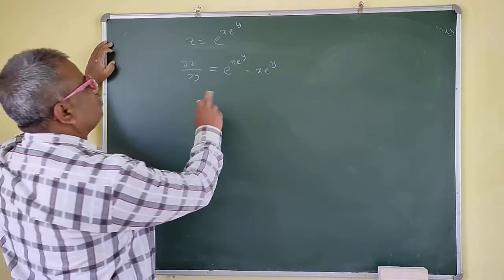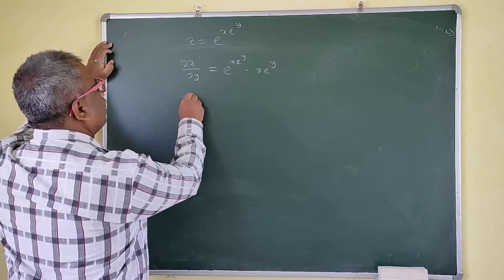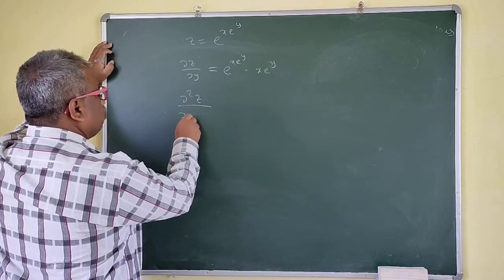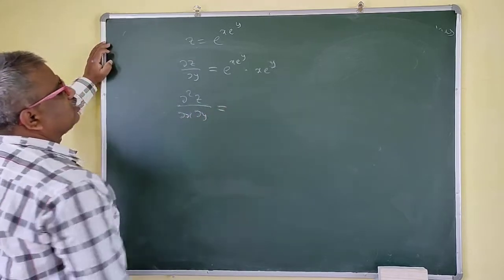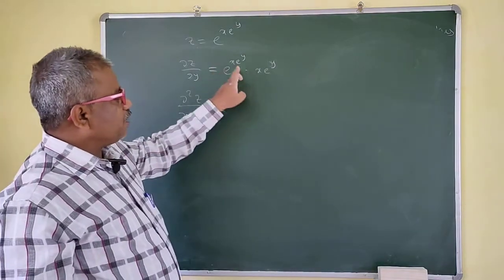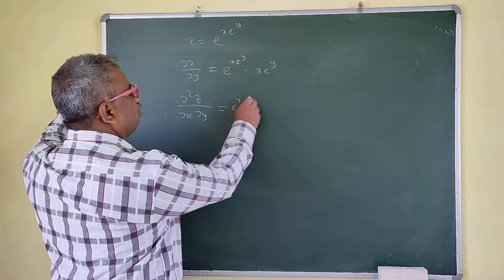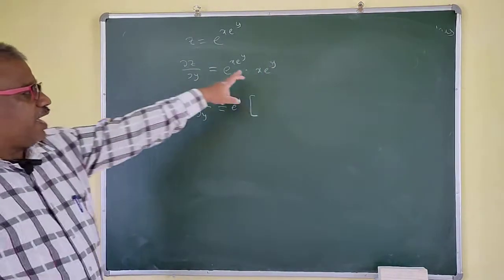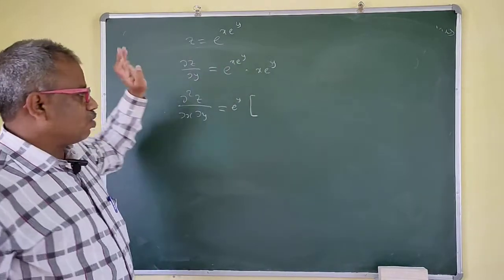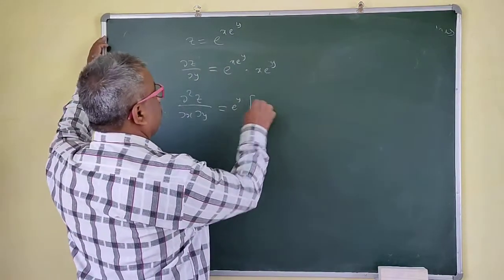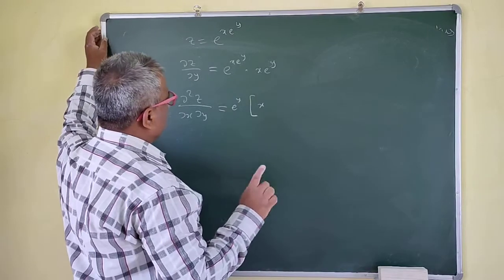Now we'll differentiate this with respect to x and with respect to y. First we'll differentiate this with respect to x. Now see, this is a function of x, and this is also a function of x, right? e^y is not a function of x, so we'll take x into this and apply the product rule. We are differentiating with respect to x, note that.